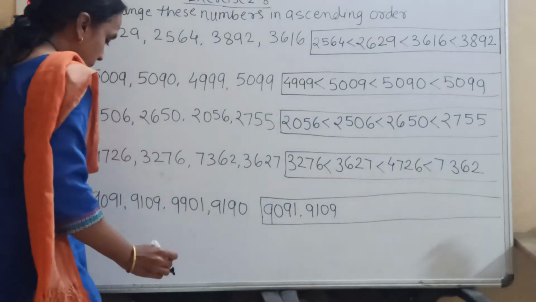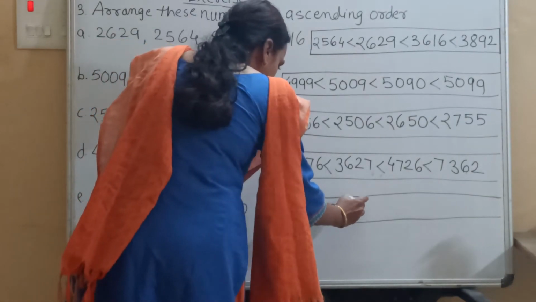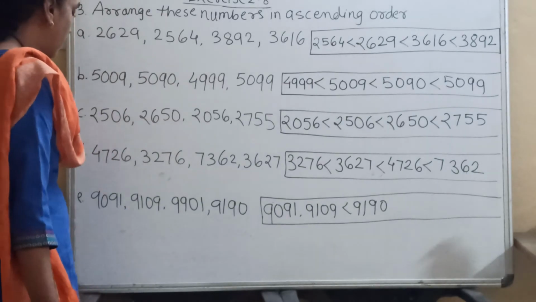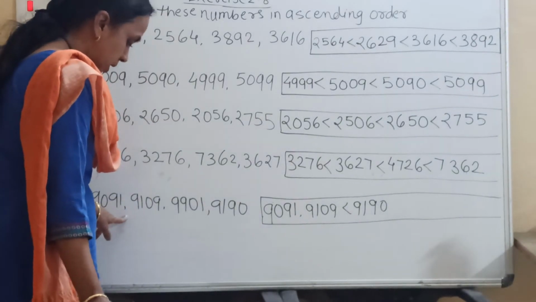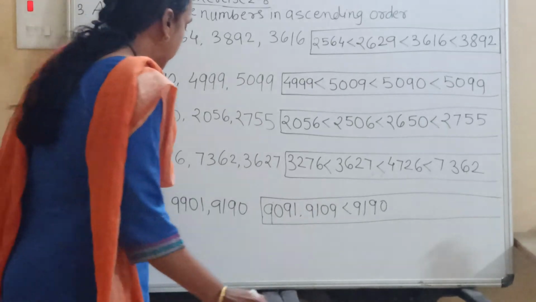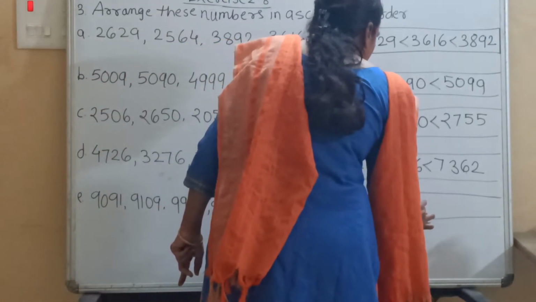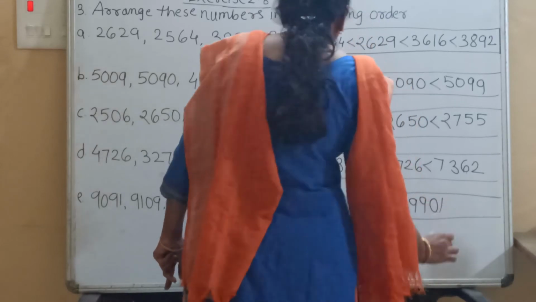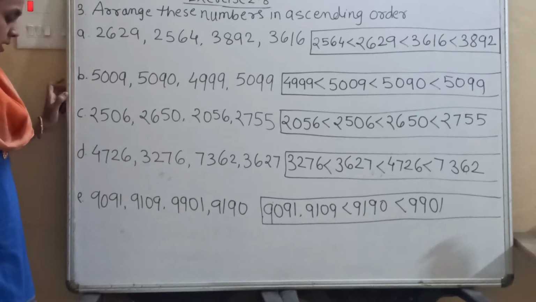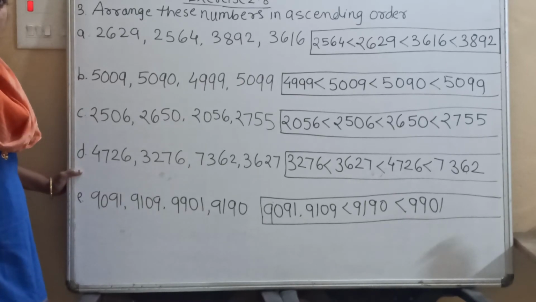Then bigger than this, 9190. And then 9901. Okay, so in this way you complete all these answers in your textbook.